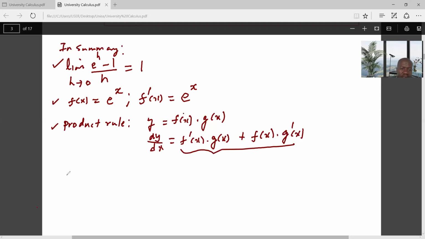Then the last one is the quotient rule. In terms of the quotient rule, this has to do with fractions. We use this when we have fractions.